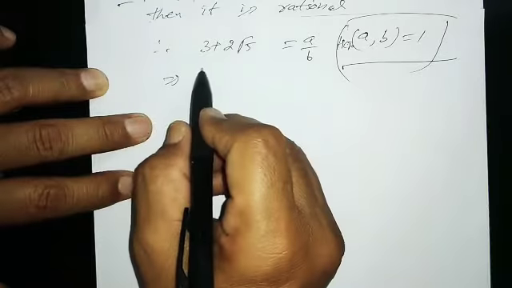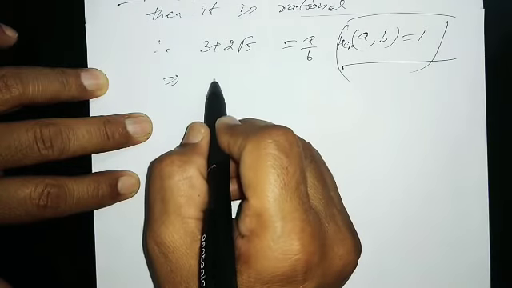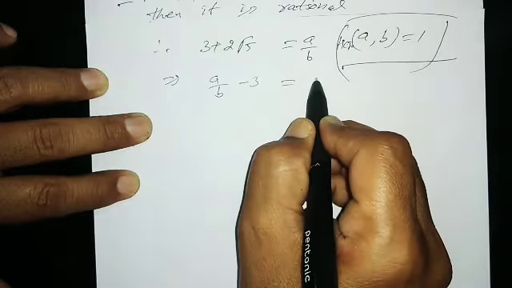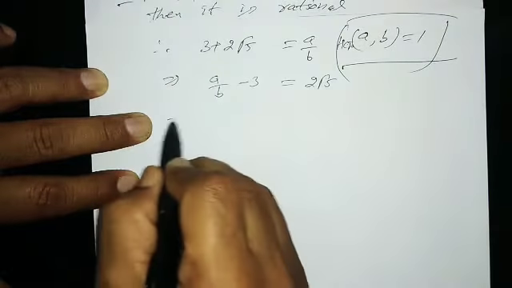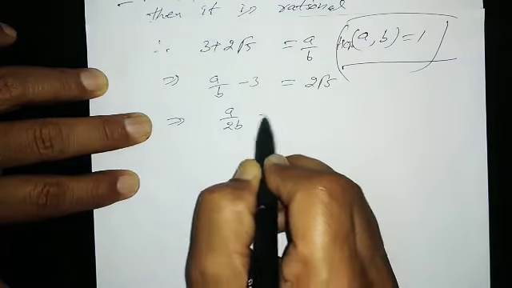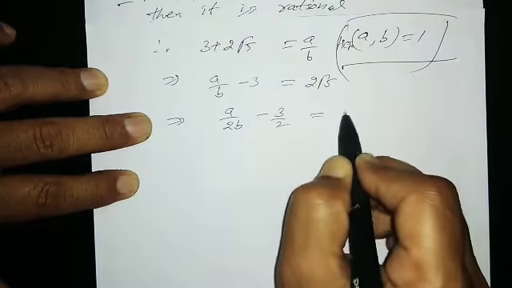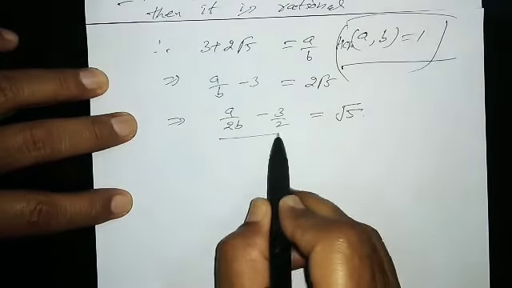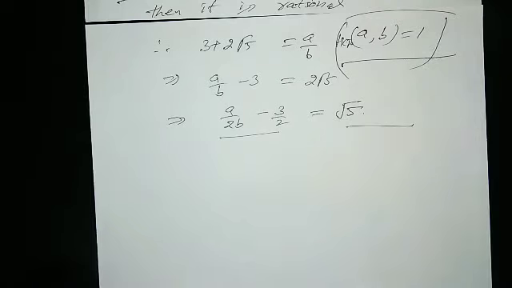You can write it as a divided by b minus 3 equal to root 5, also a by 2b minus 3 by 2 equal to root 5. Right, this is the left hand side and this is the right hand side.